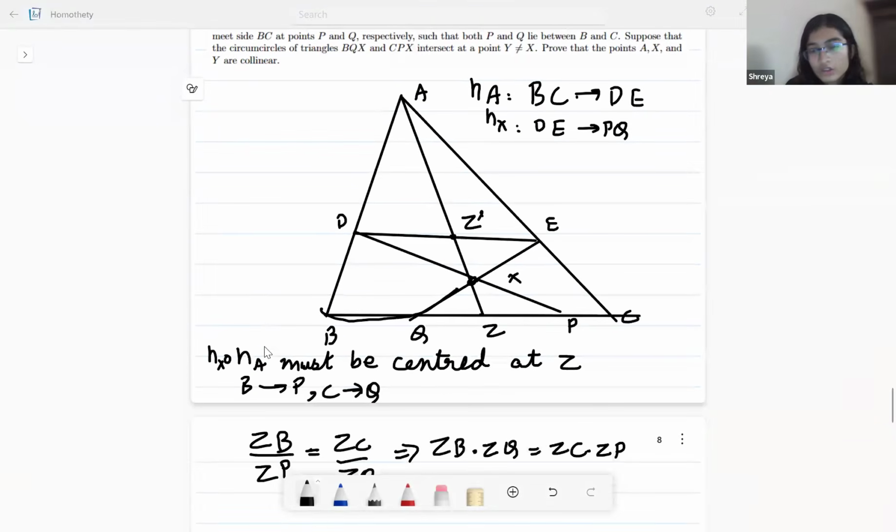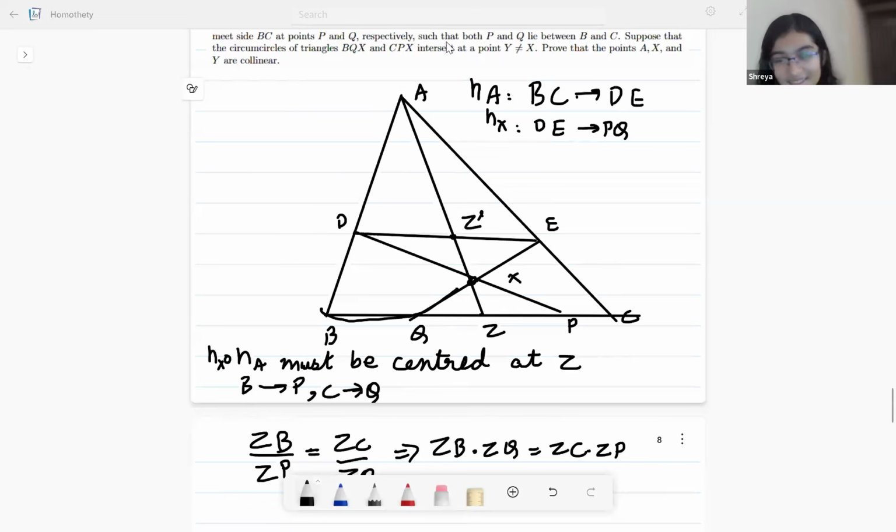All right. So we need to prove that AX is the radical axis of these two circles. A is not really a nice point to prove that, because we only have these two points. If we want to do it with A, we'll have to introduce the second intersections of the circle.